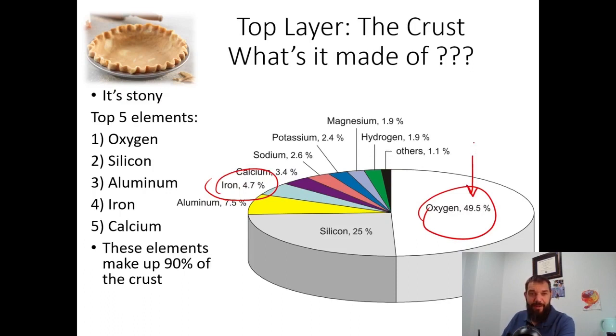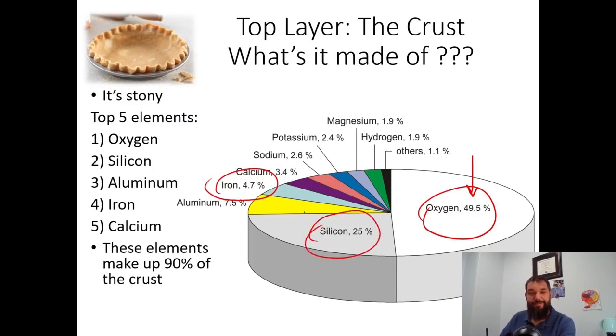So the most important element in the crust, and it's amazing really, is oxygen. So if you pick up a rock, what's amazing is that mostly what you're picking up is oxygen. The majority of it probably is oxygen, in any kind of rock you pick up. I could maybe think of a couple of minerals that don't have oxygen, but the vast majority of rocks have oxygen, and it's probably mostly oxygen.